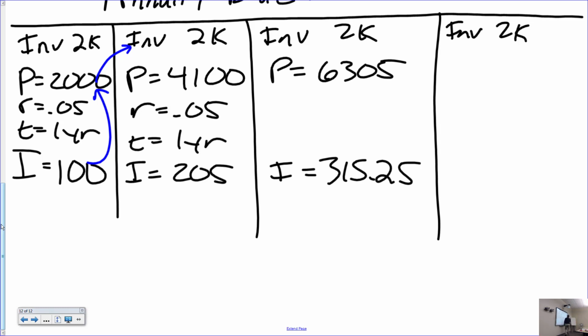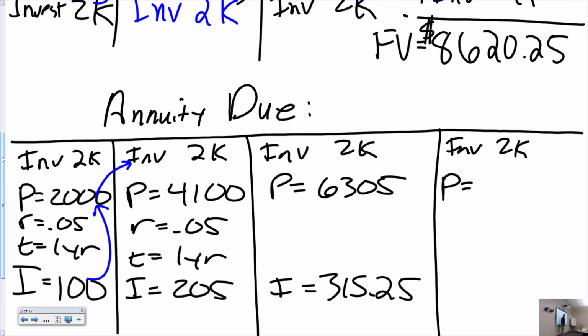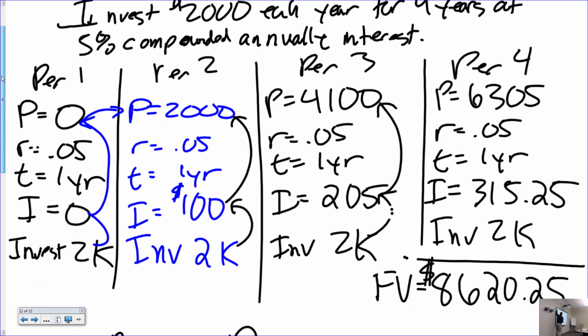What's my P to start my fourth period? $8,620.25. And where does that number come from? How much we wound up with in the ordinary annuity. The reason why, folks, is: how many times did we earn interest in the ordinary annuity? 3 times, because we didn't earn any interest in the first period.